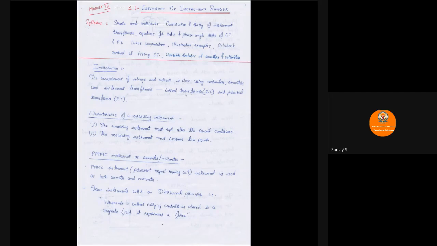It either behaves as an ammeter or a voltmeter. This PMMC instrument works on d'Arsonval's principle, which says whenever a current carrying conductor is placed in a magnetic field, it experiences a force. So now let us see how to use this PMMC instrument as a voltmeter and ammeter.